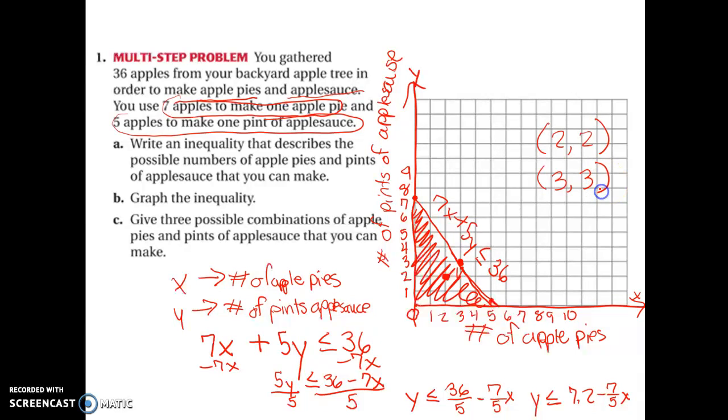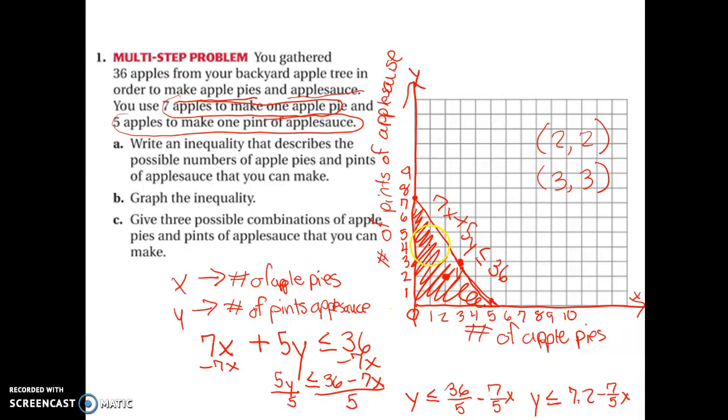We can see if that one works. 7 times 3 is 21, and 5 times 3 is 15. So then 21 plus 15 is actually 36. That one works exactly with the right amount of apples. And just another one could be any of these values here.